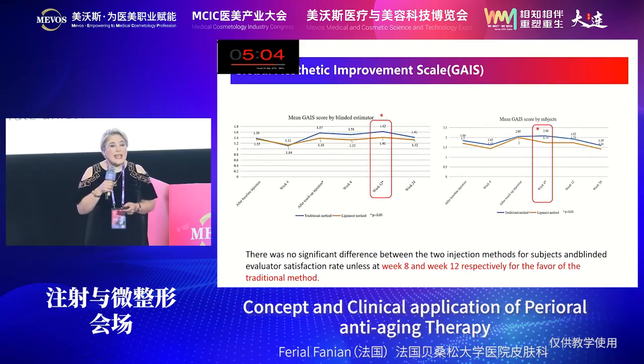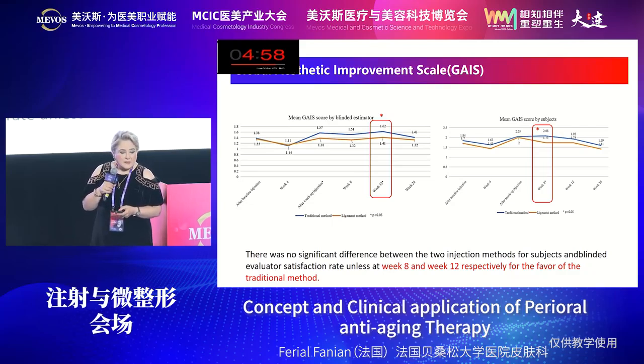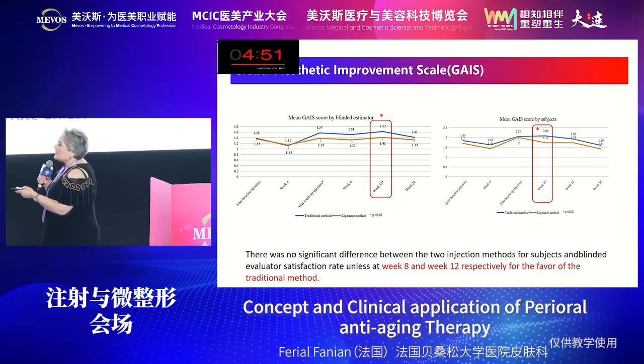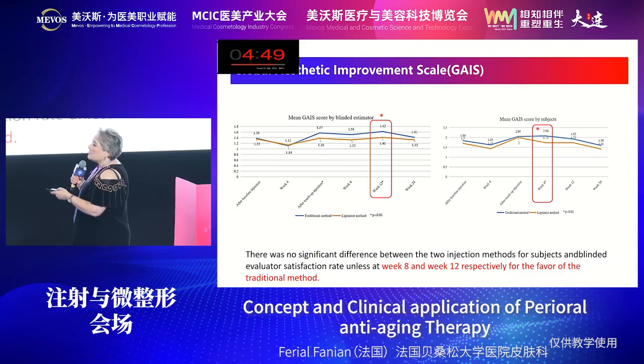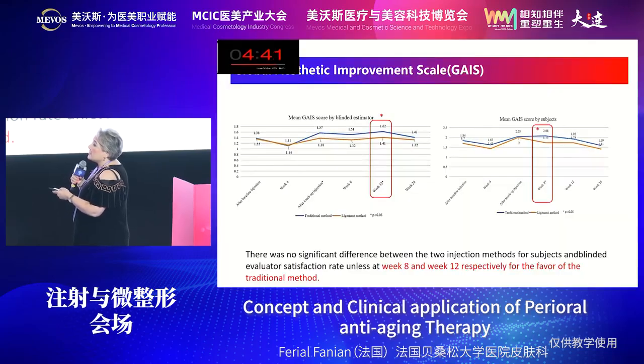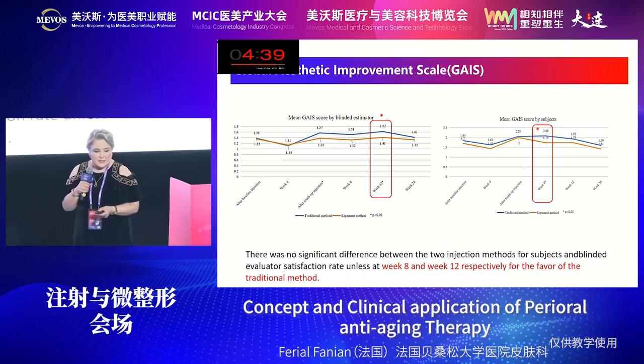And for the GAIS, Global Aesthetic Improvement Scale, that is a marker of the satisfaction rate, there was not a very big difference between all of the time points, except for week 12, for the investigators and blinded investigators, and this is for the subjects.